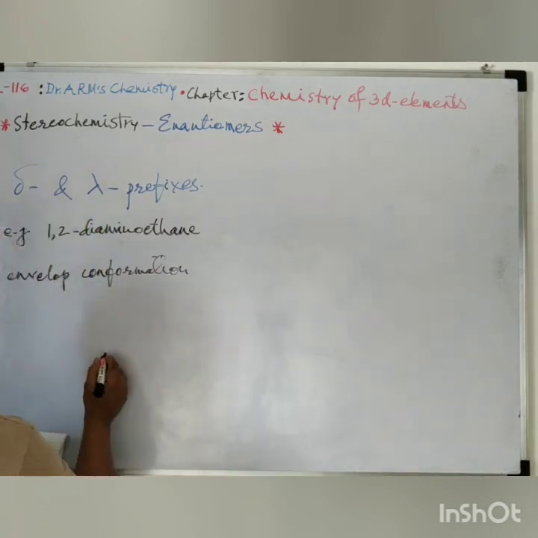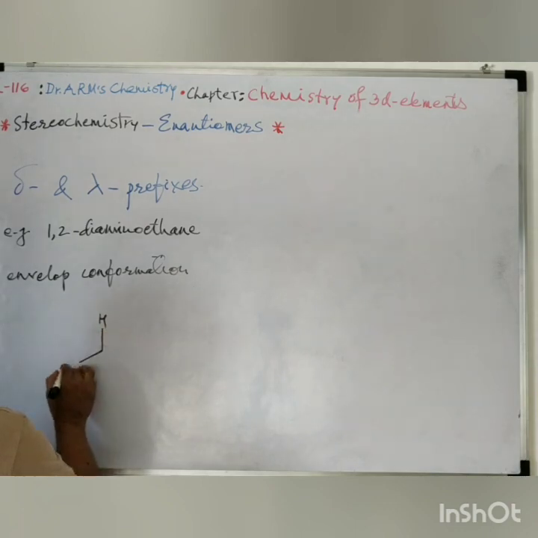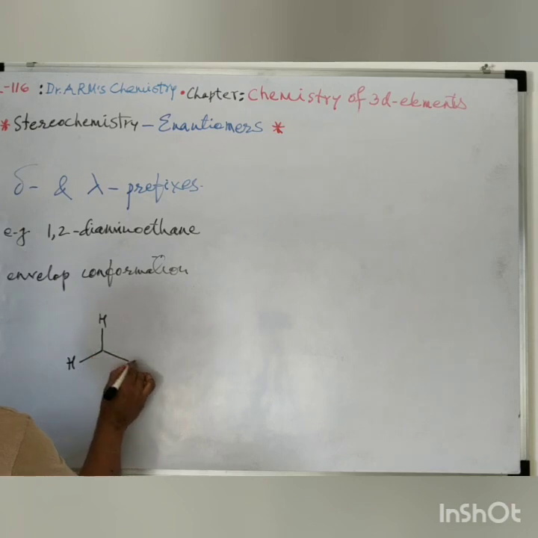Here we will see the structure of 1,2-diaminoethane, which is attached to the metal center. So we can show this as, say this is hydrogen, another hydrogen, third hydrogen. Here it is nitrogen, NH2.